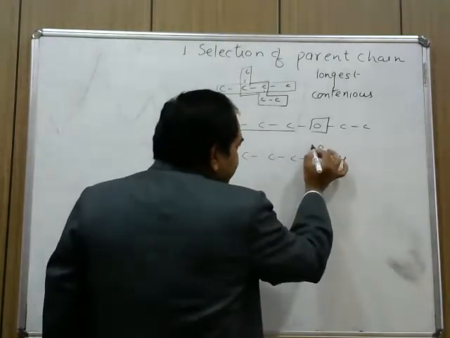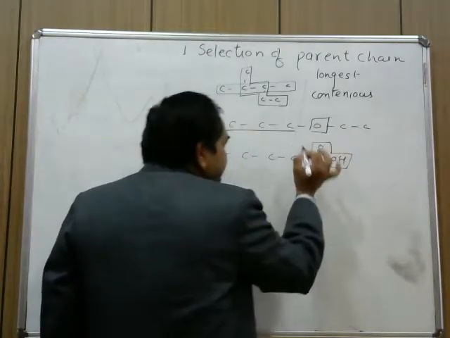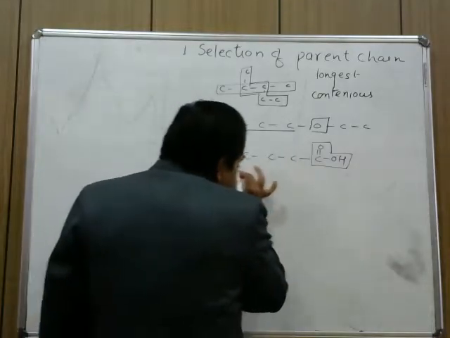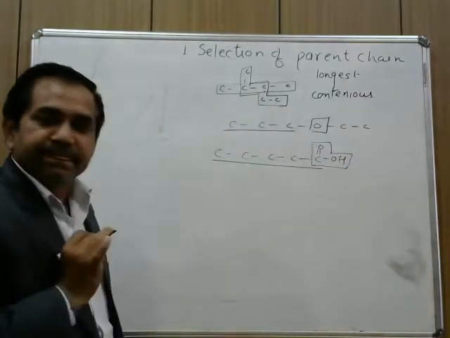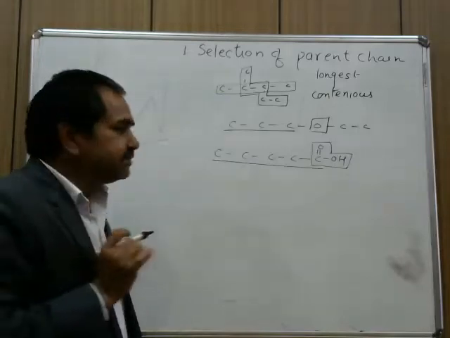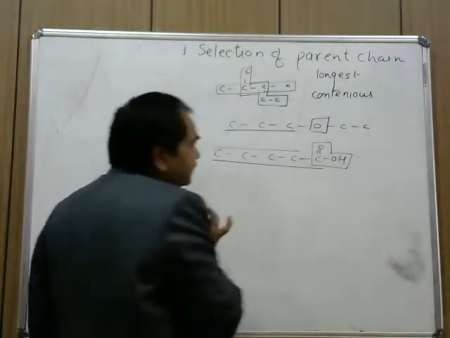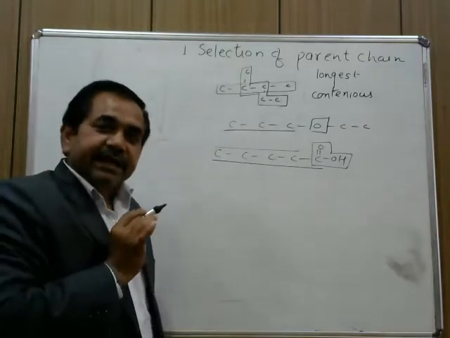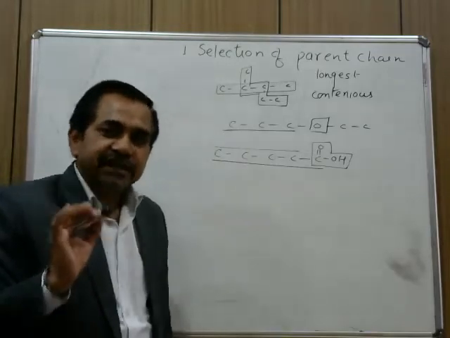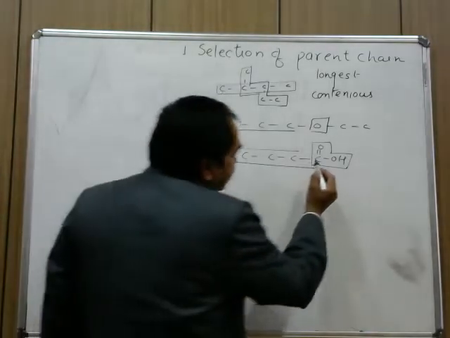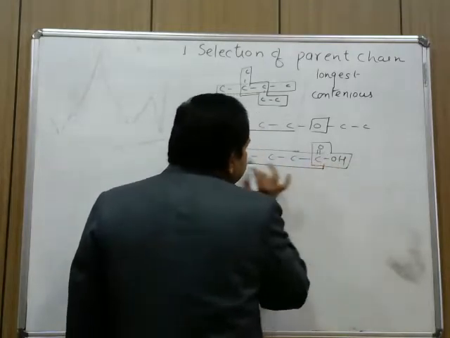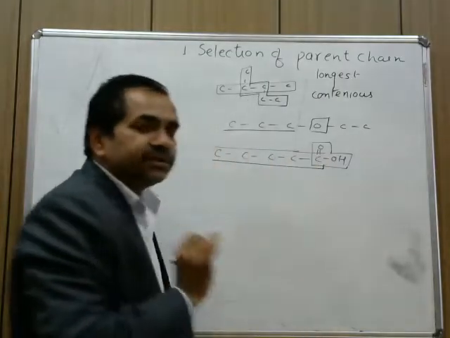So here this is the functional group, carboxylic acid group which is present, and this should be the longest chain. Out of confusion, most of the time we choose this chain. No, if given compound has got a functional group which also has got a carbon atom, then carbon atom of functional group also be included in the parent chain. Parent chain is of 5 carbon atoms, not 4 carbon atoms.